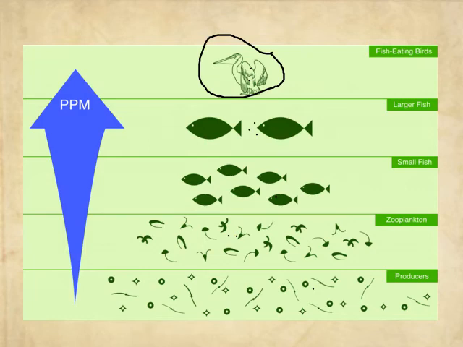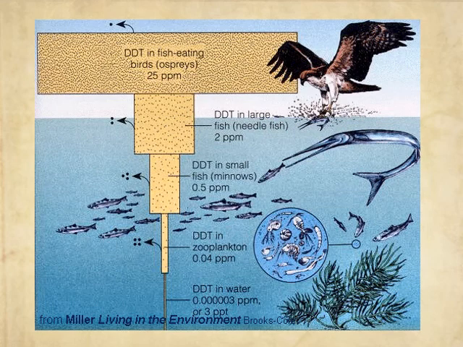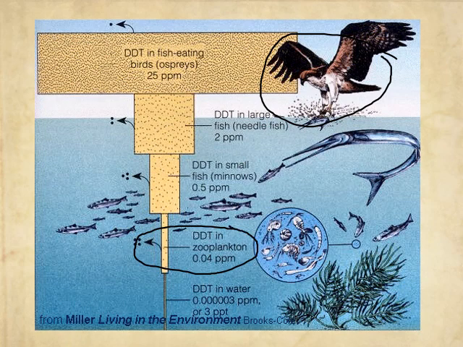So in essence, this one fish-eating bird has eaten all of these producers down here. That's why this guy now has a lot of DDT in him. So here's another image that shows you this one osprey here has eaten basically all of these zooplankton that had DDT in them. And so now this bird has a lot of biomagnified toxins in it, DDT in this case.